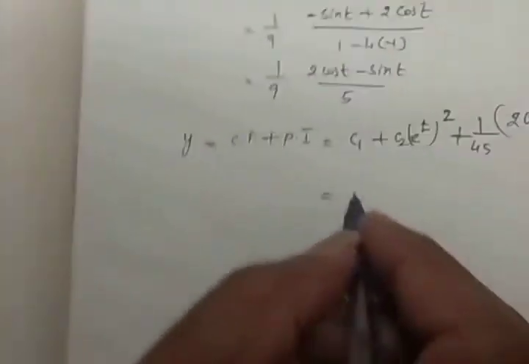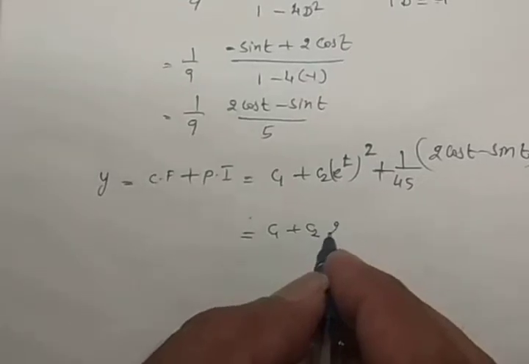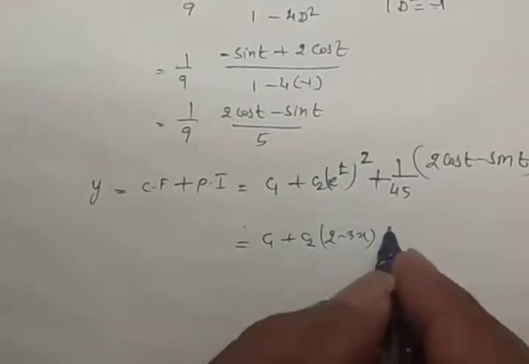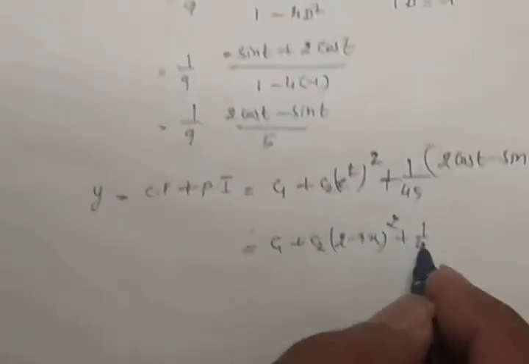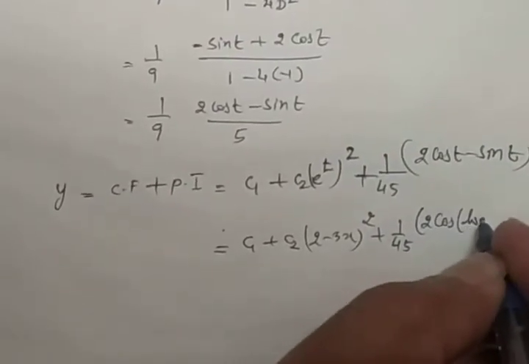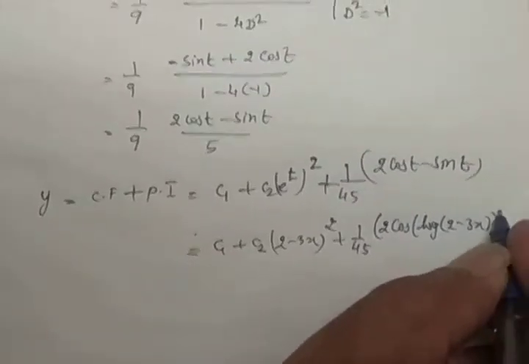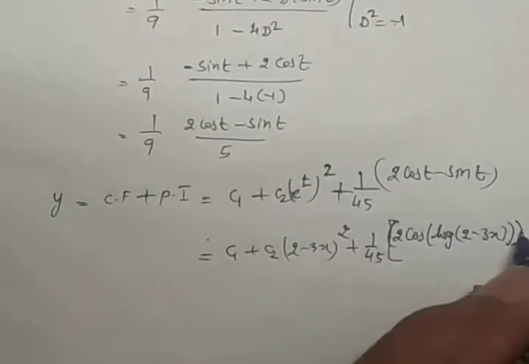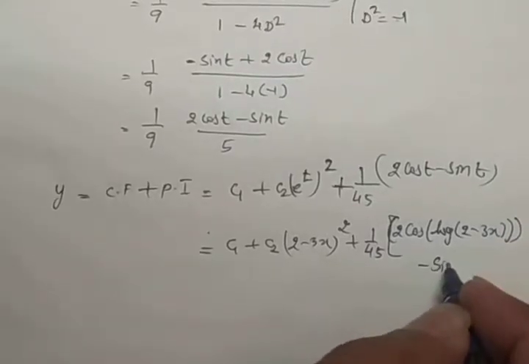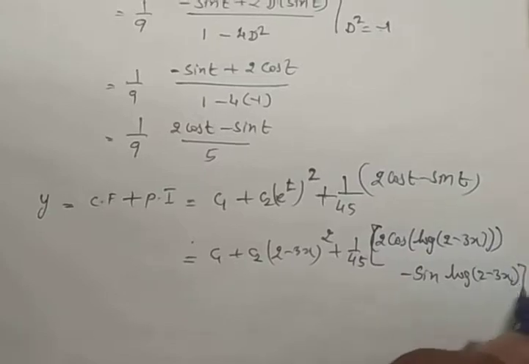So we substitute here c1 plus c2 into e power t is 2 minus 3x square plus 1 by 45, 2 times cos t is log of 2 minus 3x minus sine of log of 2 minus 3x.